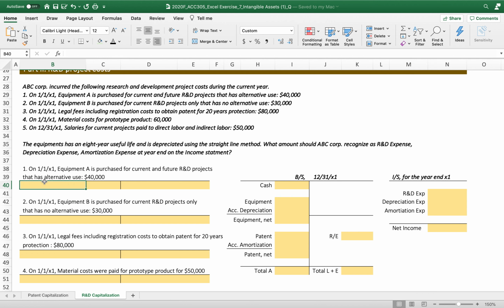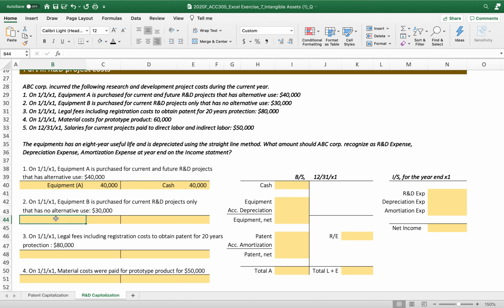Equipment A purchased for current and future R&D projects. So we put the equipment, let's say just A. Equipment A should be capitalized on the PP&E. So $40,000, and cash out on the credit side, $40,000.